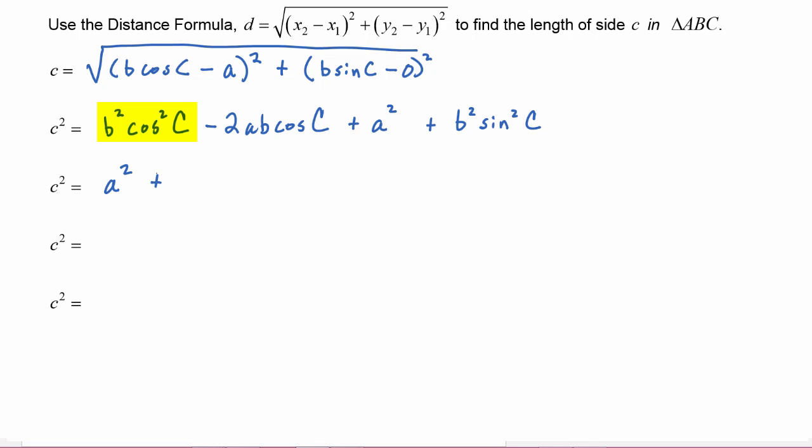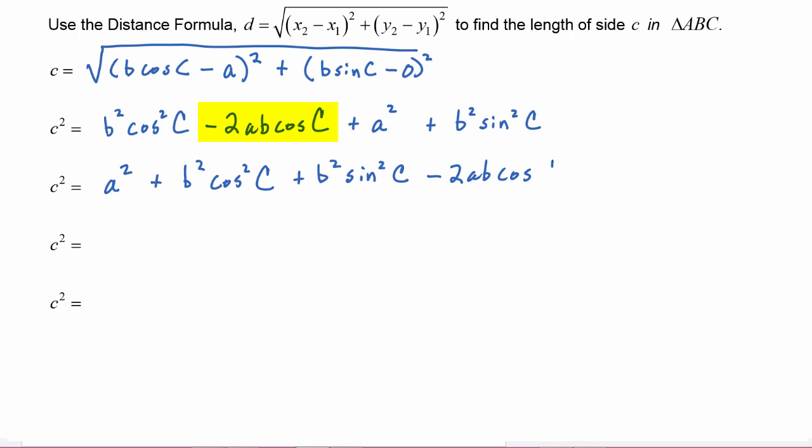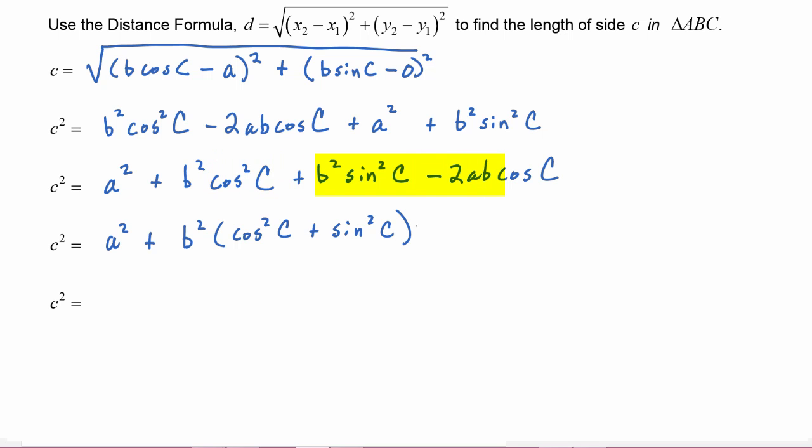Next, plus this first term, b squared cosine squared of C. Then I'd like to write this last term next, so plus b squared sine squared of C. And then finally, we subtract the 2ab cosine of C. Now we have a squared plus, from these two terms, we can factor out a b squared, leaving cosine squared of C plus sine squared of C. And then we bring down the minus 2ab cosine of C.